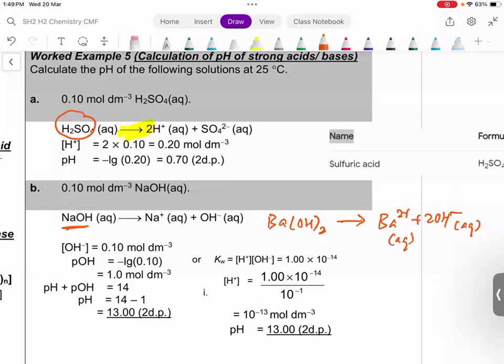Kb1 only, if it's a weak base but polyacidic, then Kb1 only to calculate pOH or pH. If it's a strong acid or a strong base, even if there's more than one H plus or more than one OH minus, it's full dissociation, not stepwise. Stepwise only applies to weak acid, weak base. Okay, any other question?